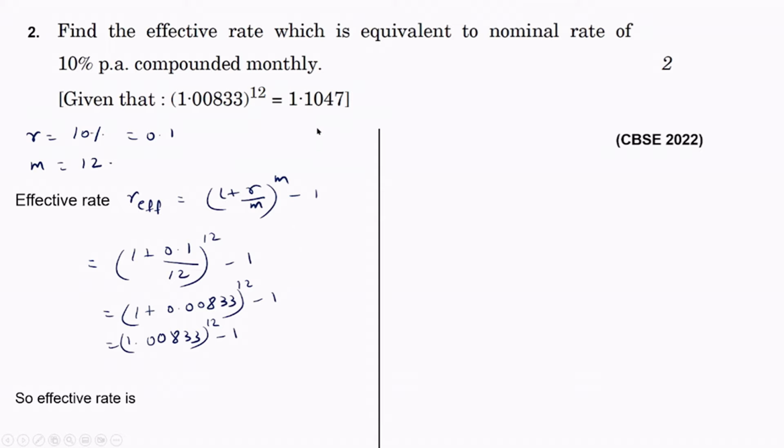The value is given here, it is 1.1047 minus 1, which is 0.1047. This is 10.47%. So the effective rate is 10.47% per annum. So here writing the formula carries 1 mark, substituting the values and getting the final answer carries 1 mark. A total of 2 marks for this question.